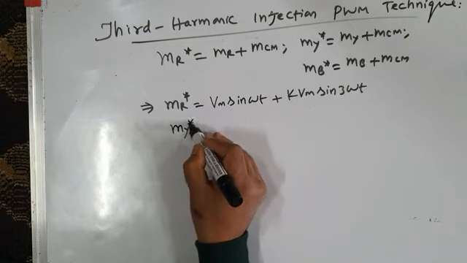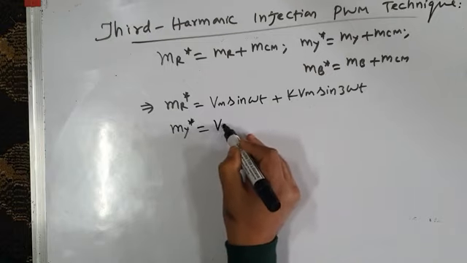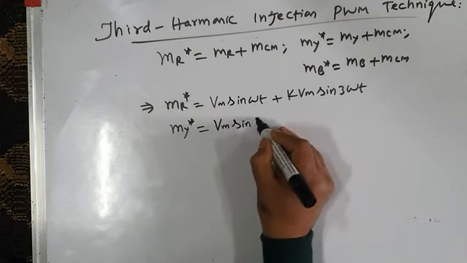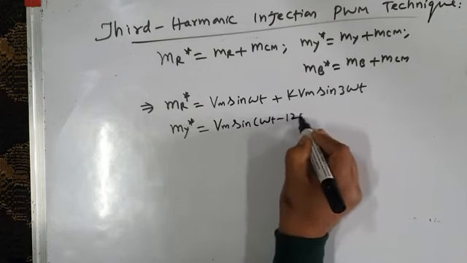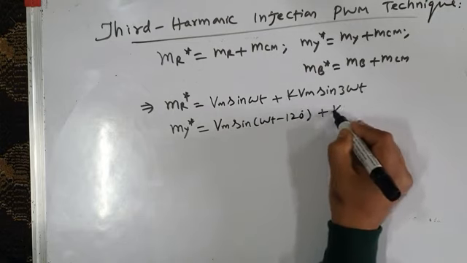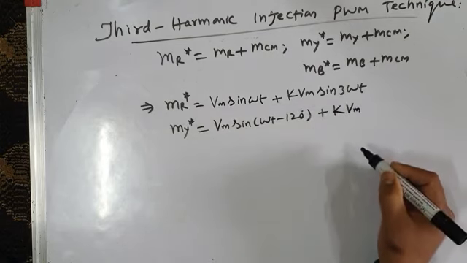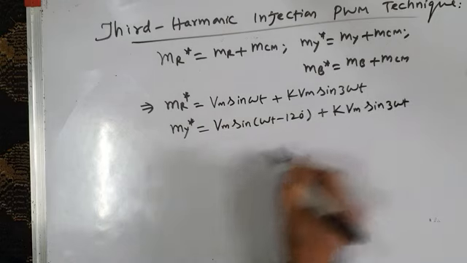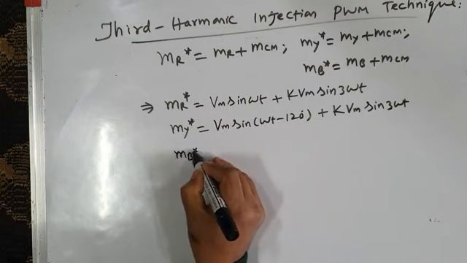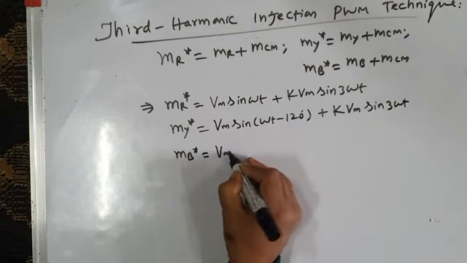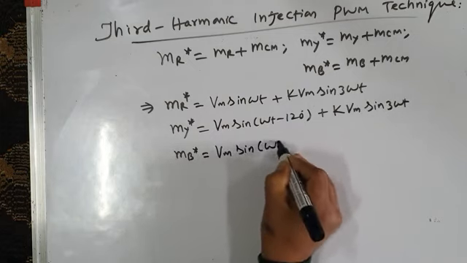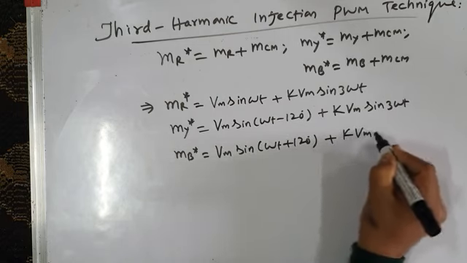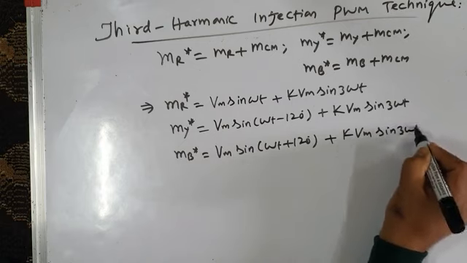Similarly, the modified modulating wave MY star is MY plus MCM. MY is Vm sine of (omega t minus 120 degrees), plus the common mode voltage, the third harmonic voltage, K Vm sine 3 omega t. And MB star is MB plus MCM. MB is Vm sine of (omega t plus 120 degrees), plus MCM, which remains K Vm sine 3 omega t.